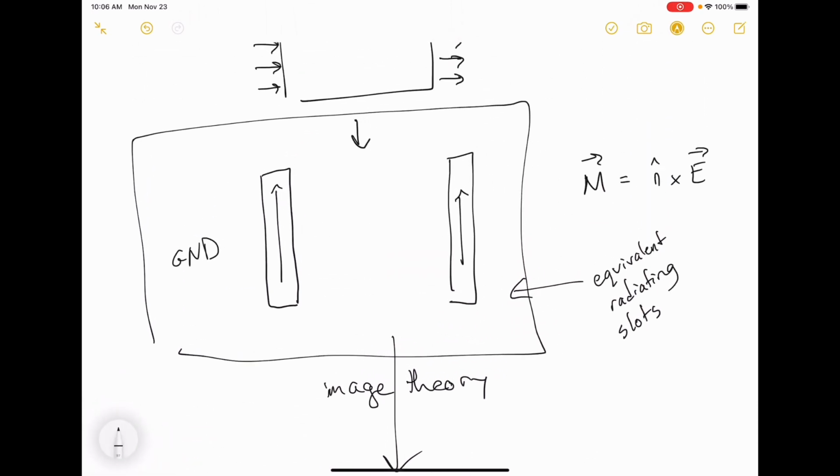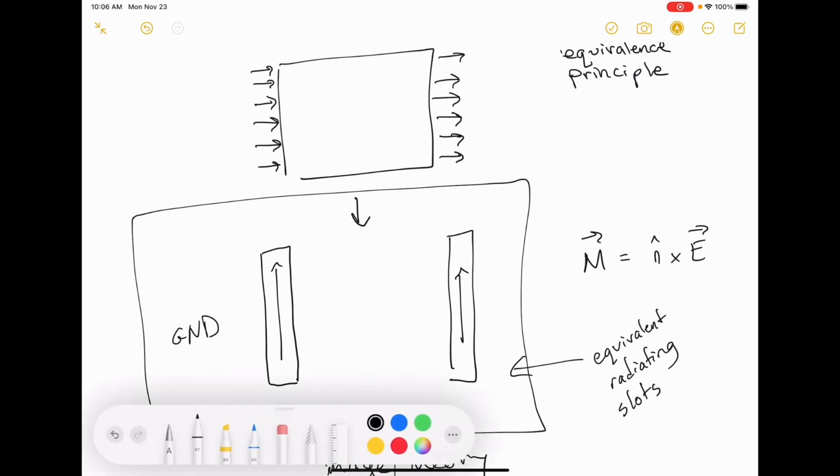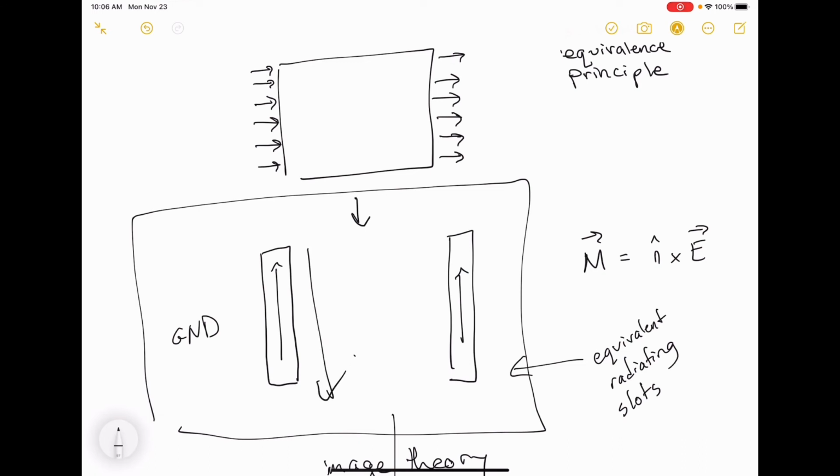Now you can see that if you increase the width of the antenna, you're then increasing the length of these slots. And if you increase the height of the antenna above the ground plane, you're increasing the width of the slots, both of which have the effect of increasing the area over which that magnetic current exists, and it gives you more radiation resistance.